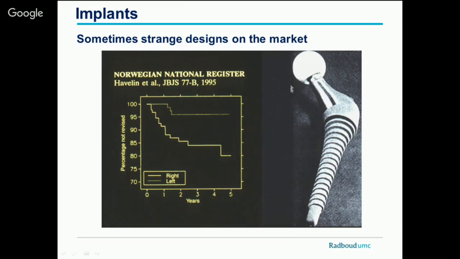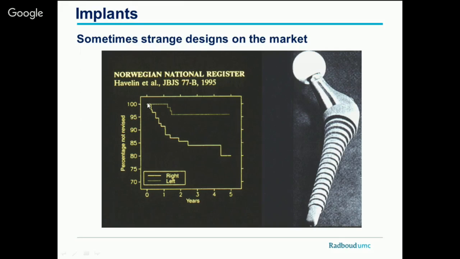Now, this is also an interesting design. This is a screw prosthesis. So this is one big screw, okay? And if you look at the survival, this is from the Norwegian National Register. So in Norway, all patients are registered if they get an operation. If they need a revision, it's also identified in the register, so they know exactly how long the prosthesis will last.